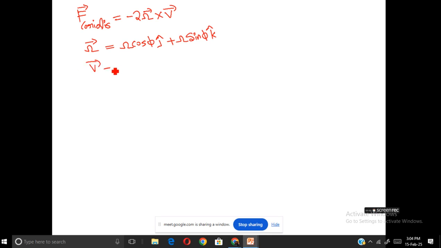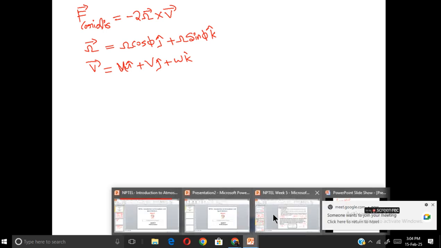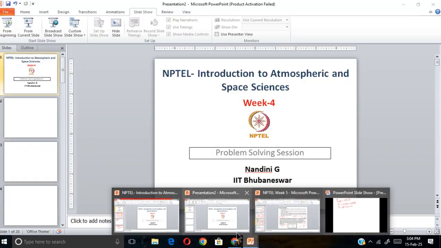And v has three components in the x, y, and z directions, written as ui plus vj plus wk, where u is the velocity in the x direction, v in the y direction, and w in the vertical direction.